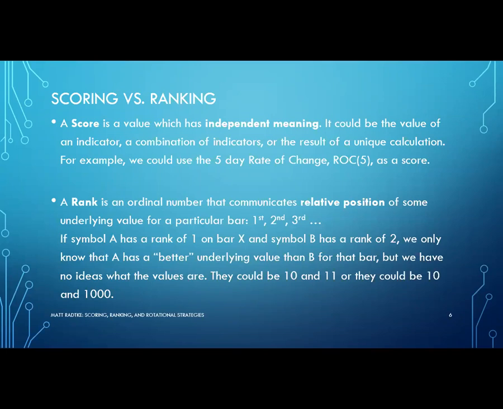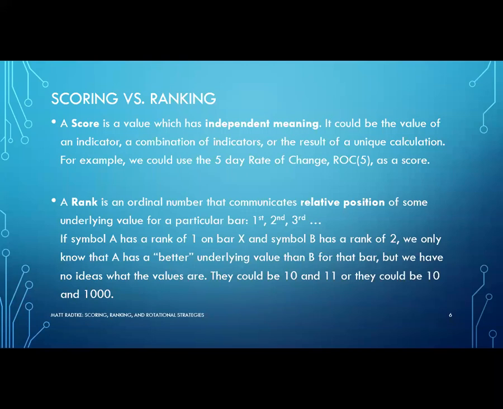It could be some combination of indicators that you use, or it could be the result of some other unique calculation that's not necessarily indicator-based. So for example, we could use the 5-day rate of change as a score for each of our symbols. And we'll talk a little bit more about how scores are used in AmiBroker in a minute.